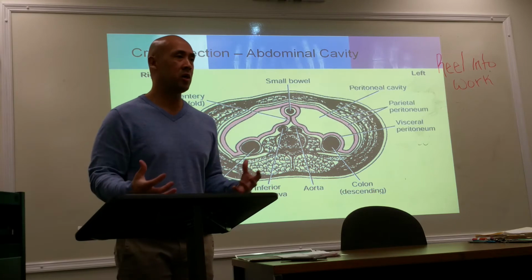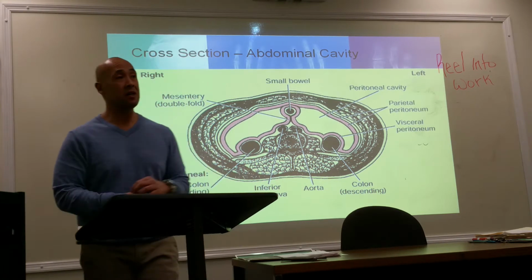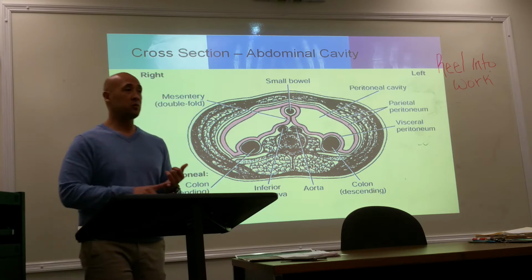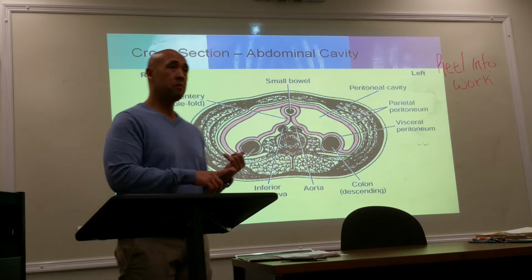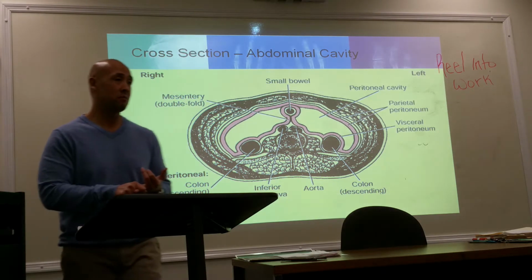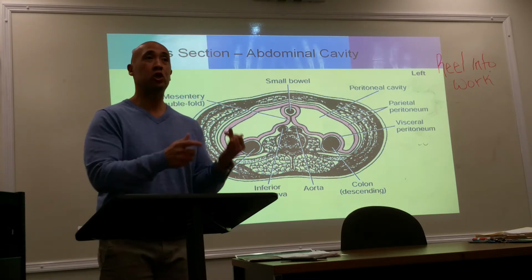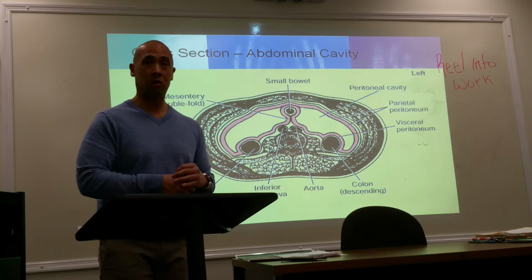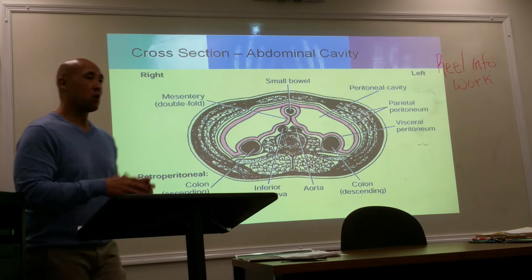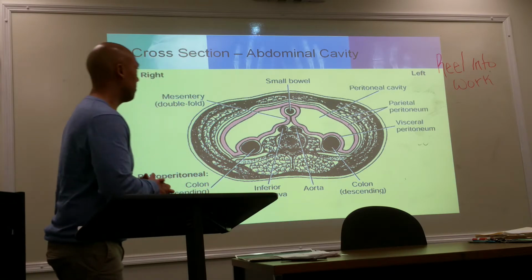It's the protective coating. The coating itself, just like the lungs, is double-walled. The outer is going to be the parietal peritoneum. The inside is going to be the visceral peritoneum. And then within those two walls is the peritoneal cavity. Okay? So again, most of the wall and the organs are lined with this peritoneum.